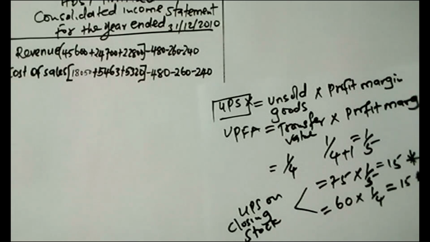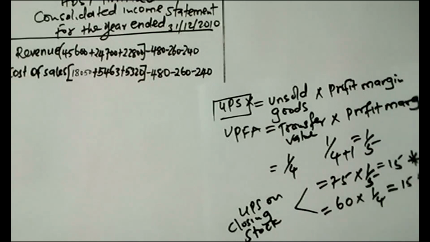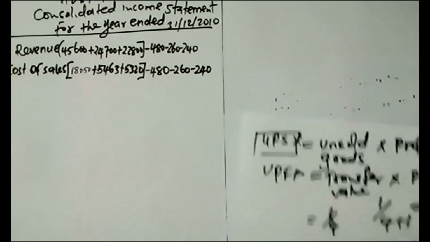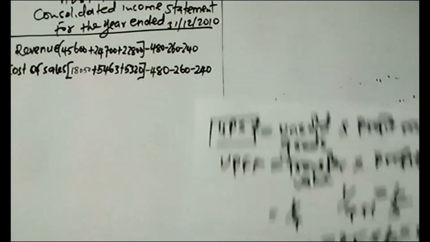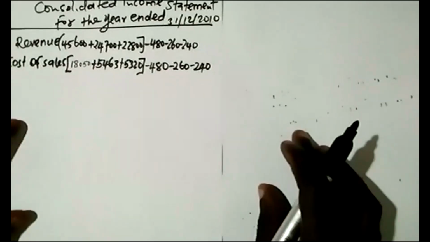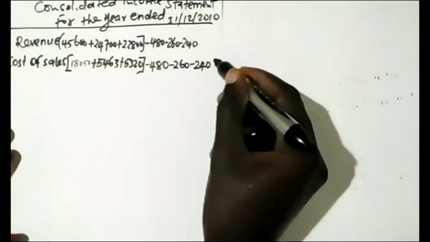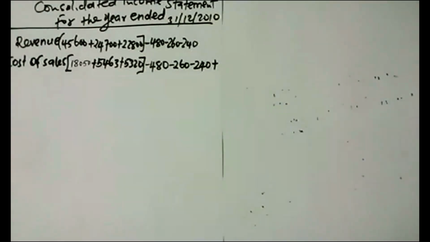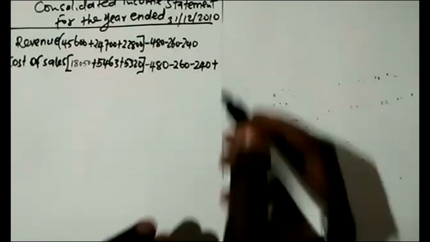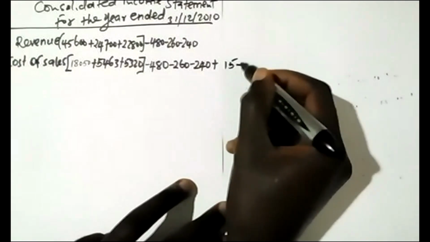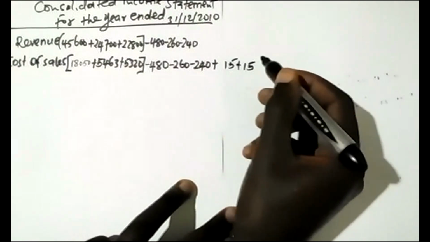That is why I'm calling them UPS on closing stock. So since they are UPS on closing stock, you need to add. So I will add 15 plus the 15.